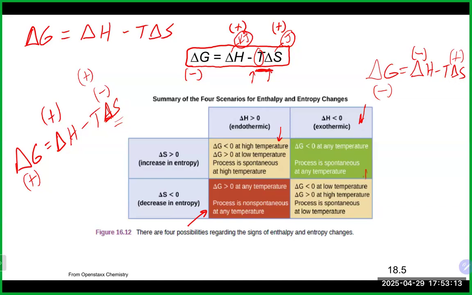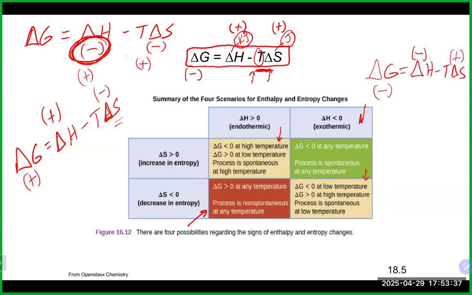Lastly, if we go to the bottom box here, we have an exothermic delta H. We have a negative delta S. That negative, once again, is going to turn the back part into a positive number. This guy, though, is already bigger because he's in kilojoules. So that means at low temperatures, this reaction should be spontaneous.